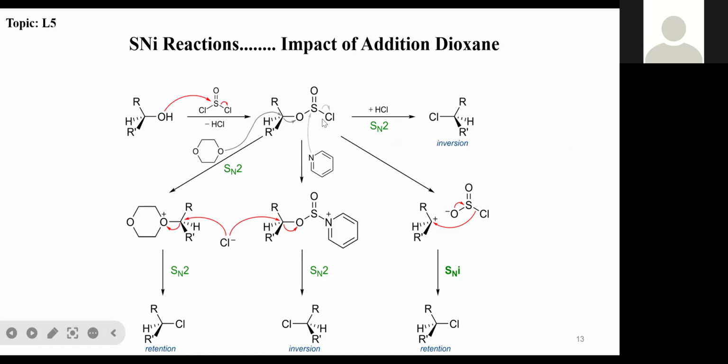However, if this chlorosulfite is decomposed in such a way that an intimate ion pair is formed, then the chloride will attack from the front side, and due to internal nucleophilic attack, you will see retention of configuration.